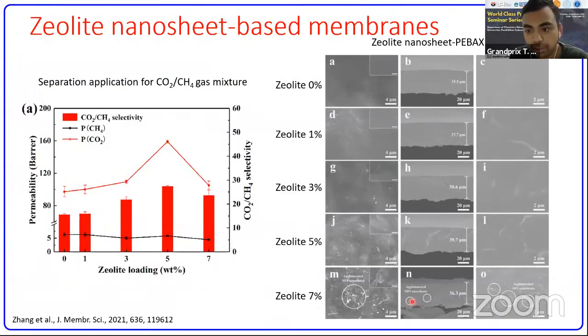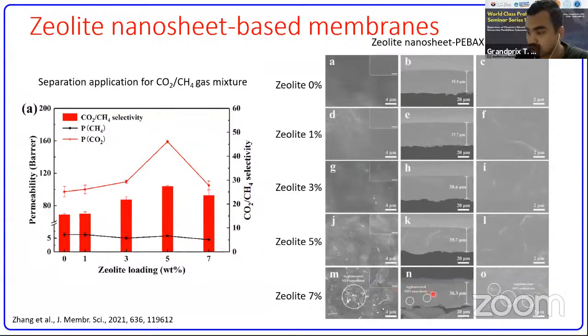And we could see here in the separation application for carbon dioxide and methane gas mixtures, the increment of zeolite loading does increase the permeability and selectivity. Again, we've broken the trade-off issue. We could simultaneously increase the permeability and the selectivity. But the opposite trend is found when the zeolite loading is 7%.